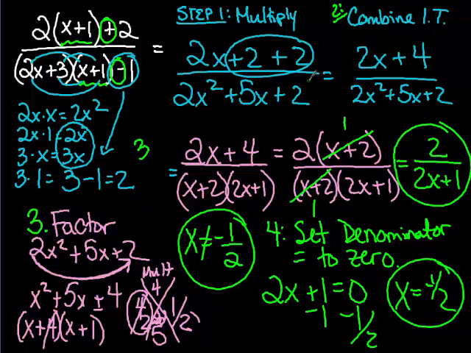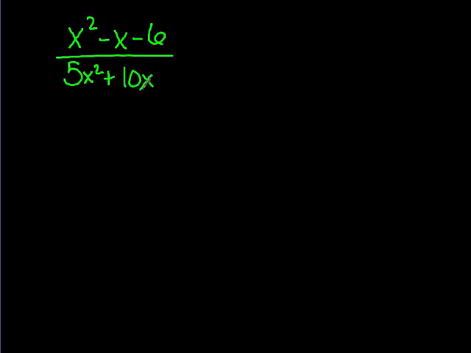Okay, let's take a look at one more. So B, our next one, x squared minus x minus 6 divided by 5x squared plus 10x. All right, so first is multiply. Can we multiply anything? No. Second, factor. We're looking for what multiplies to give me 6, subtracts to give me negative 1.